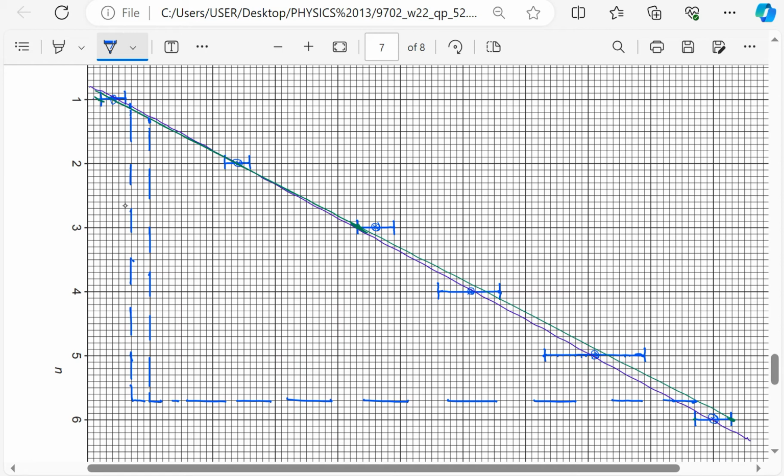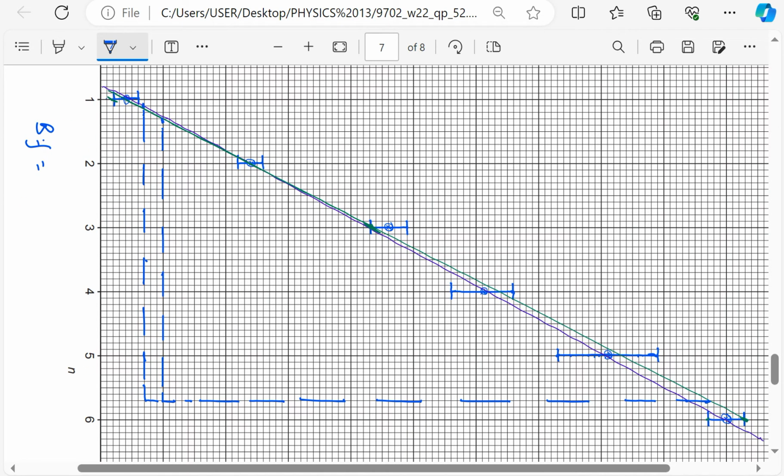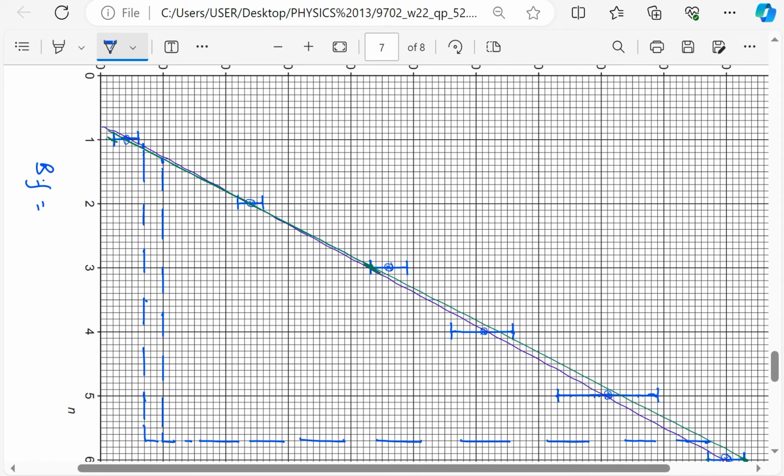Okay, so I'm just going to write the read-offs so that finding the gradient is very easy. So for best fit, which is the one in the blue, I have this y value there. What is this y value?